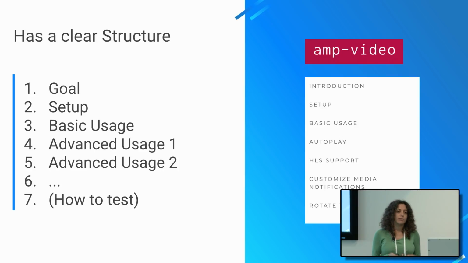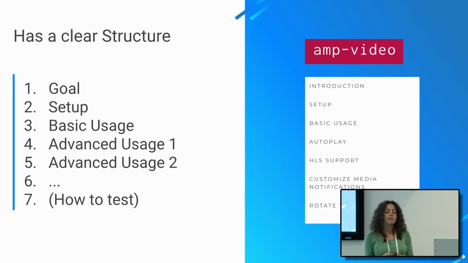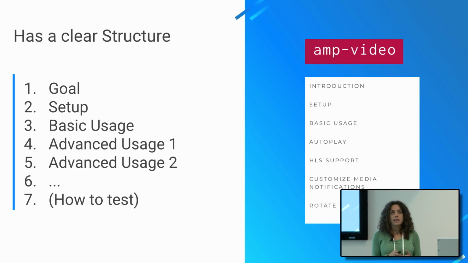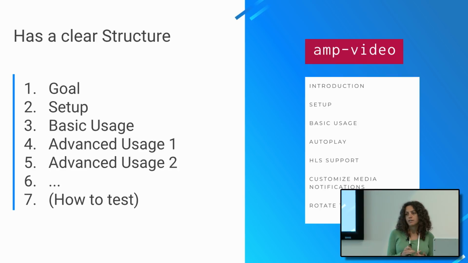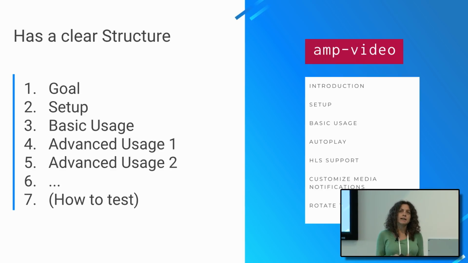And then, when you're ready to write your sample, always follow a clear structure. So start with a goal. What is it that you want to achieve by writing this sample? Then document your setup. If you're using additional AMP components, explain why. Why do you need that? Then you can just show the basic usage of the component, which is normally the easiest one.